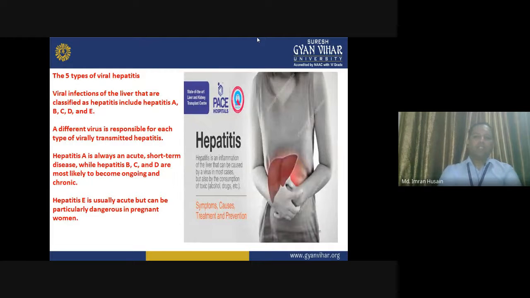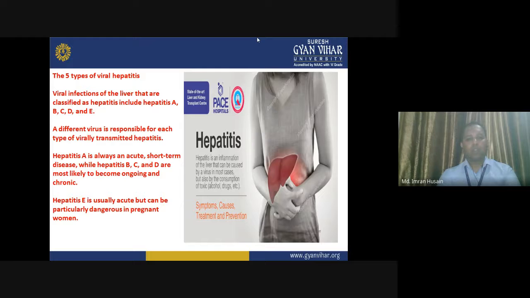So, basically, what is hepatitis and what are its types? Viral infections of the liver that are classified as hepatitis include hepatitis A, B, C, D, and E. A different virus is responsible for each type of virally transmitted hepatitis.